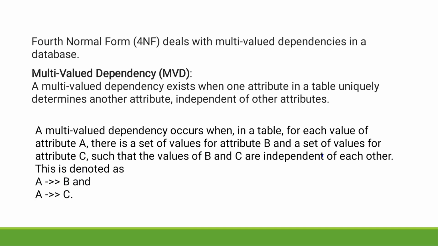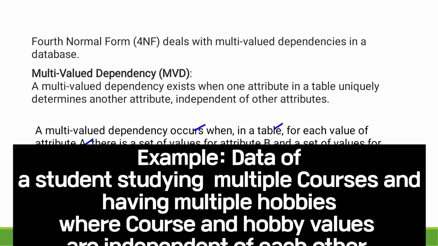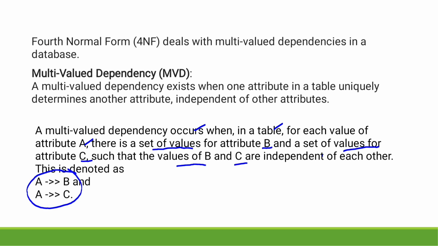A multi-valued dependency occurs when, in a table, for each value of attribute A, there is a set of values for attribute B and a set of values for attribute C, such that the values of B and C are independent of each other. So that is what is denoted here. This is exactly what we have to look for in a relation to check whether it is in 4NF, yes or no.